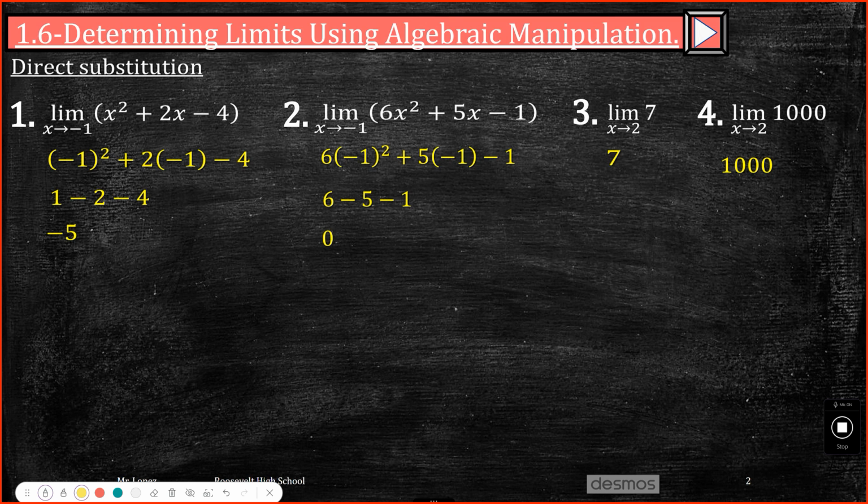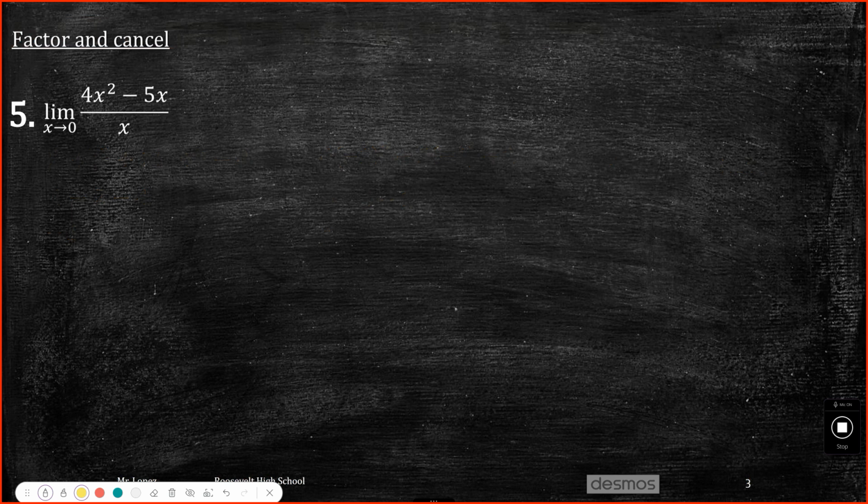Number 5. Okay. So now, factor and cancel. It says to factor and cancel. That would be the algebra method. But first of all, if we do plug in, let me go step by step on this. There was the limit law where you can just go ahead and distribute that limit.